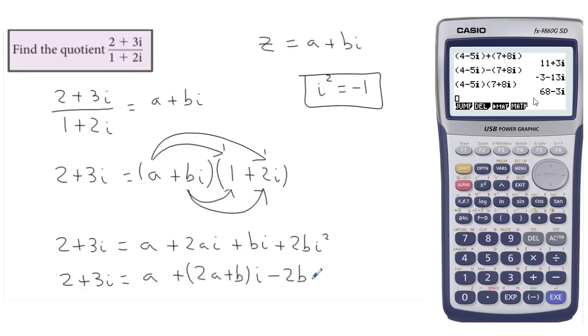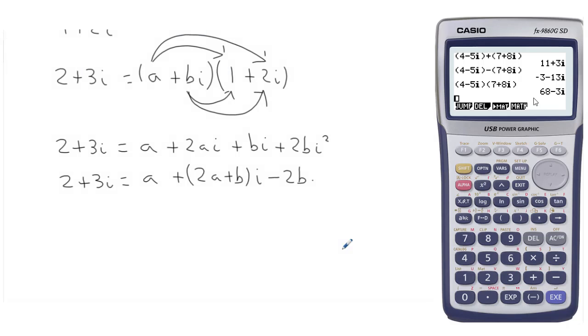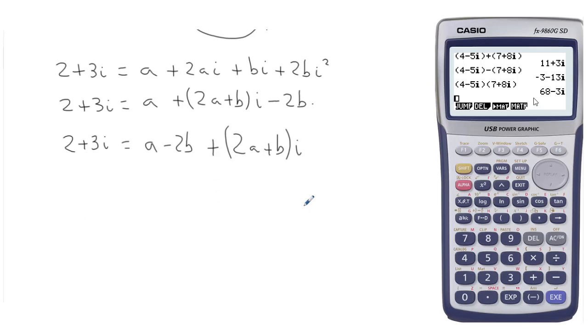Now I can rewrite this, clearly splitting it into a real part and an imaginary part. 2 plus 3i equals, the real part is a minus 2b, plus 2a plus b times i. Now you can equate the real and imaginary parts on the left-hand side and the right-hand side.